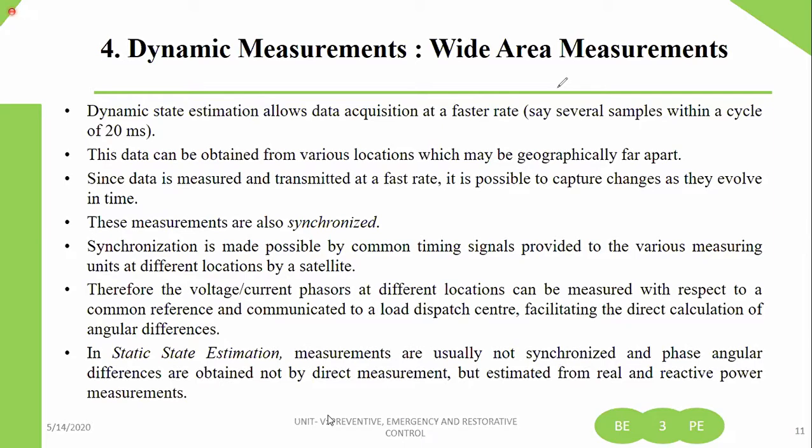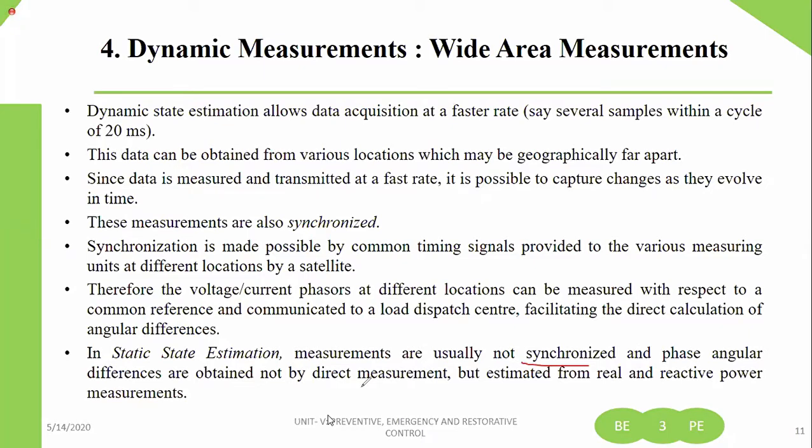Static state estimation has a lot of errors, problems or disadvantages, so now this type of thing has been developed. In static state estimation, the measurements are usually not synchronized, and phase angular differences are not obtained by direct measurement.